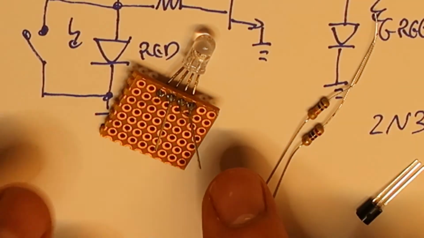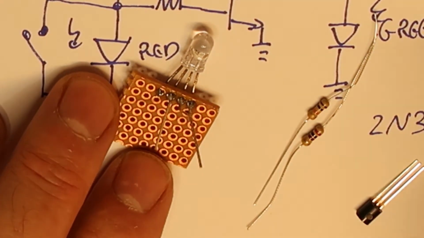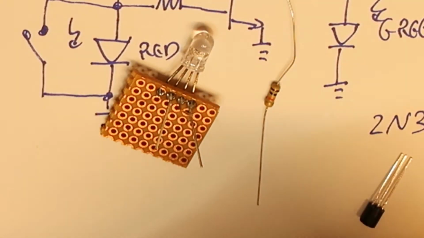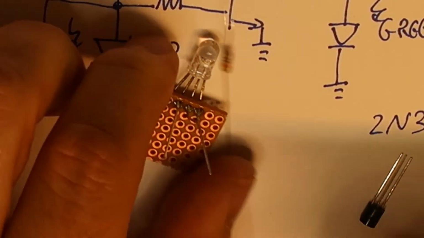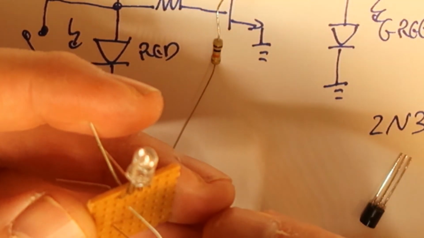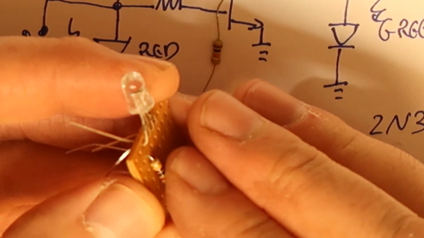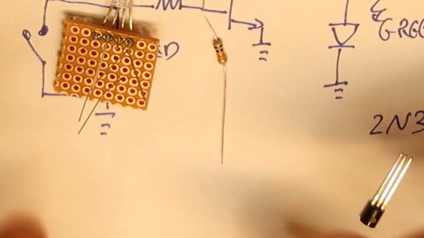Now I want the red to be lighting by default, so I will connect the 200 ohm resistor, and this will go to the VCC. So put in the resistor.